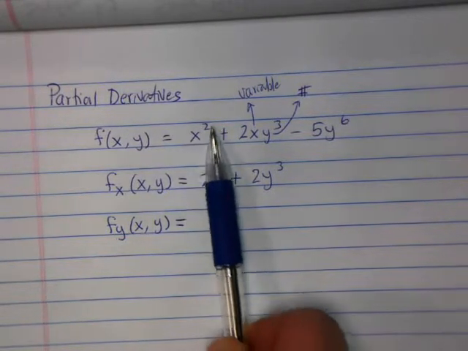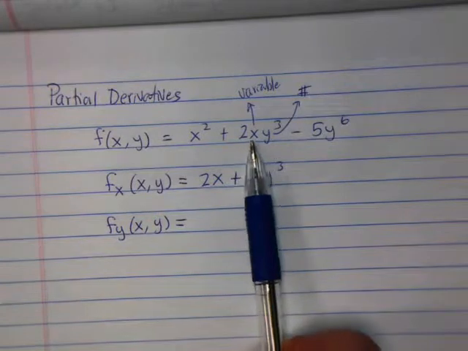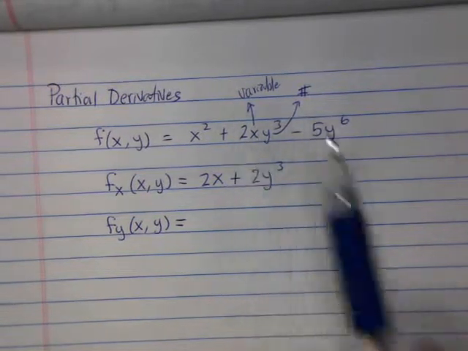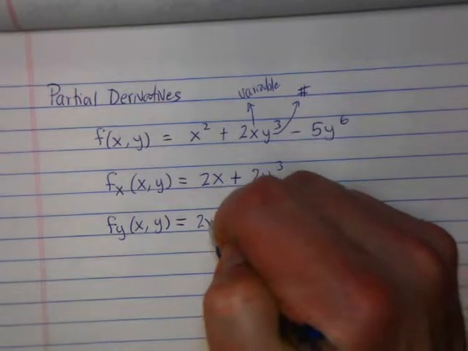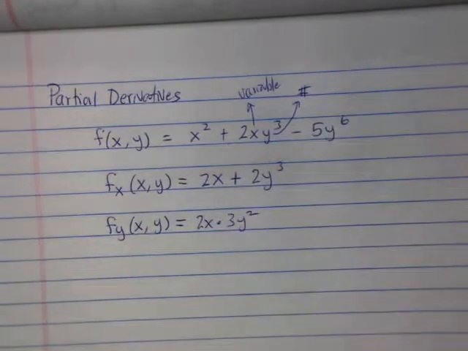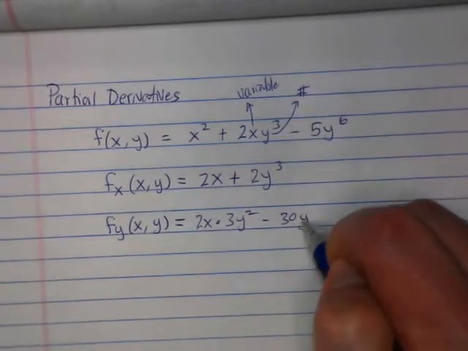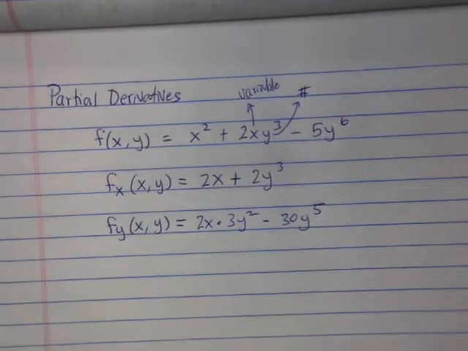So if x is a constant, then x squared is just a number. The derivative of a number is 0. Again, x is a constant, so 2x is a number. So I'm going to have 2x, and I'm going to take the derivative of y cubed. That's 3y squared. Minus, there's no x's there. That one's an easy one. 30y to the fifth.